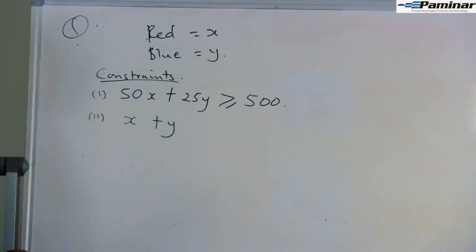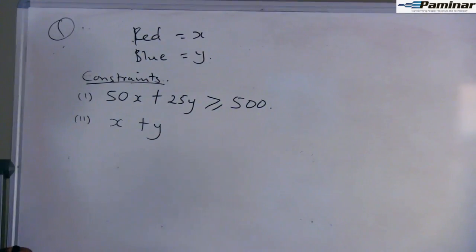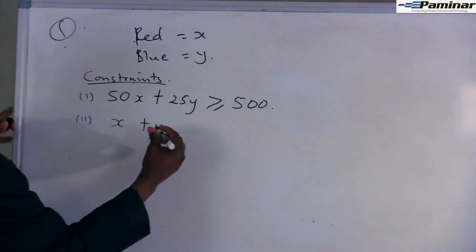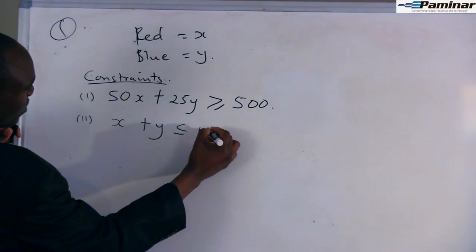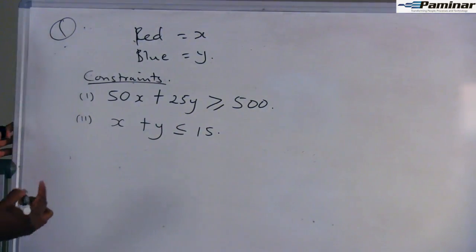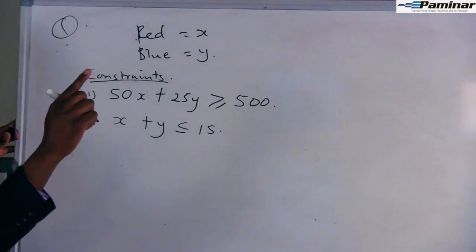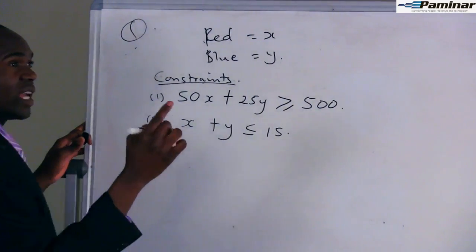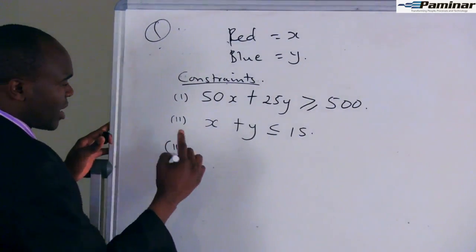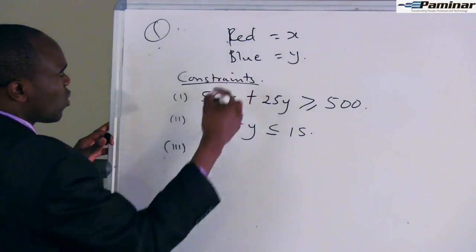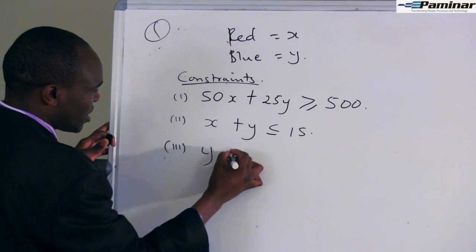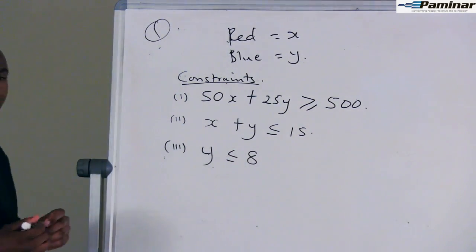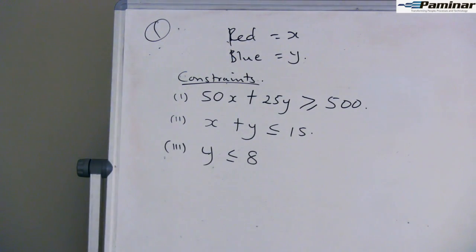When you hear the words at most, it means it's 50 and less. So it's going to be X plus Y less than or equal to 50. That's it. Now there are at most 8 blue buses. This is the third one. At most 8 blue buses. So which one is blue? Y. Y is less than or equal to 8. Done. You get all your full marks there.